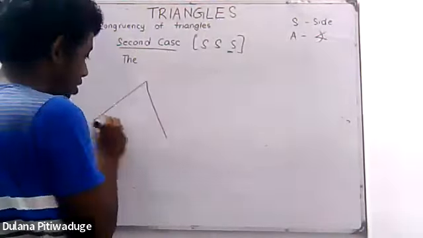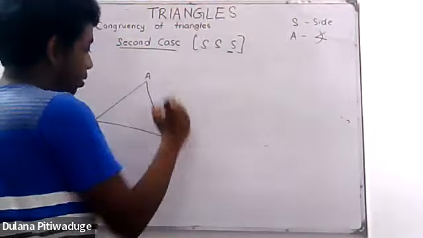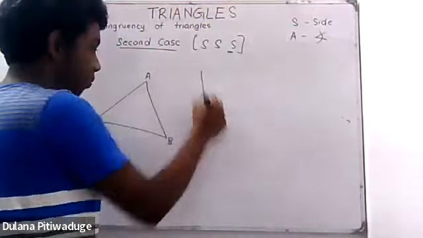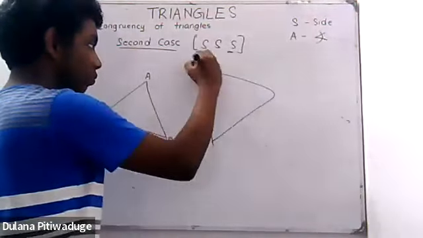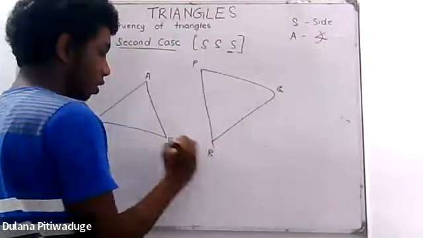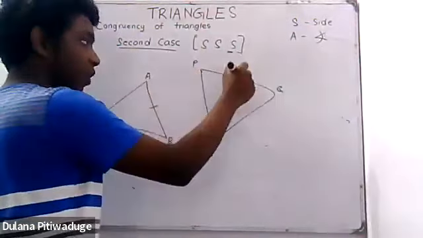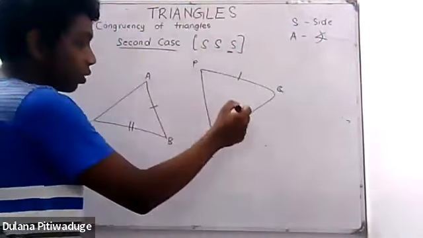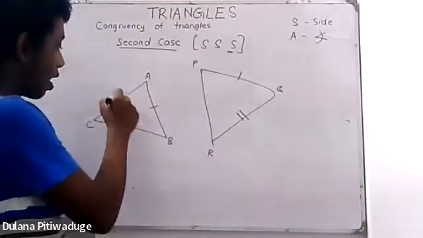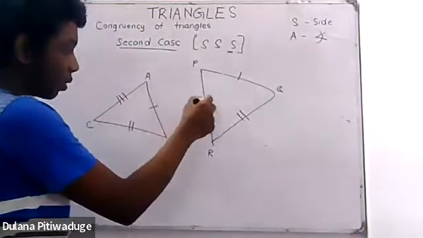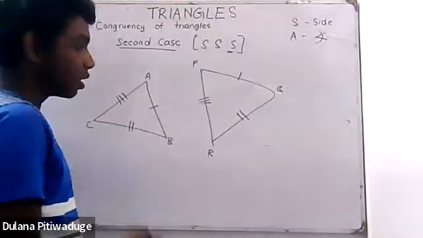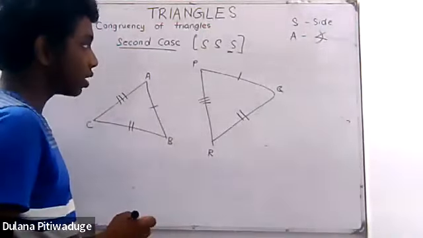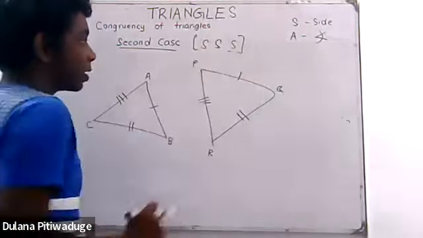So we consider triangle ABC and PQR. If AB is equal to PQ and if BC is equal to QR and if AC is equal to PR, then these two triangles are congruent. That's the most simple case.